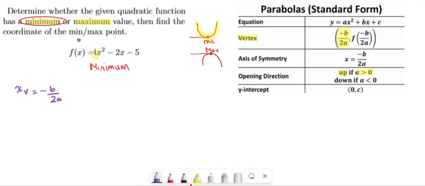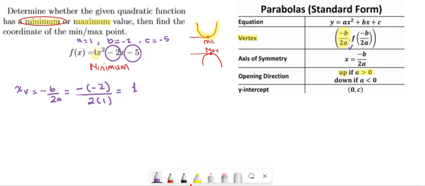As we defined earlier, a is 1, b is minus 2, and c, if you need it, is minus 5. Plugging in, it's minus minus 2 divided by 2 times 1, which is 2 divided by 2, which is 1. So x of the vertex is 1.